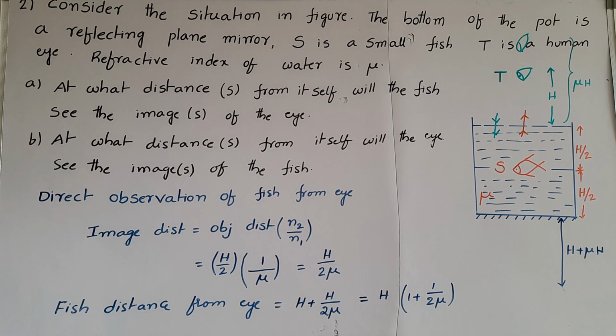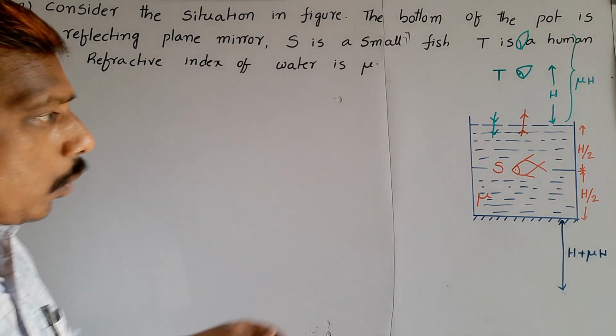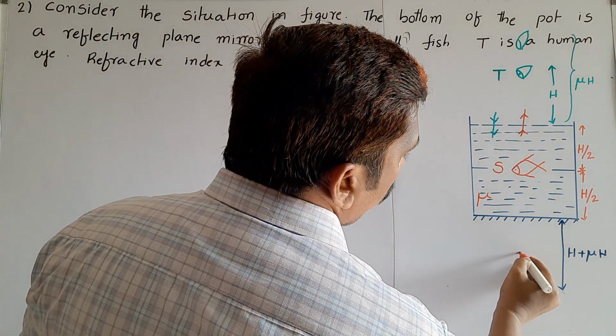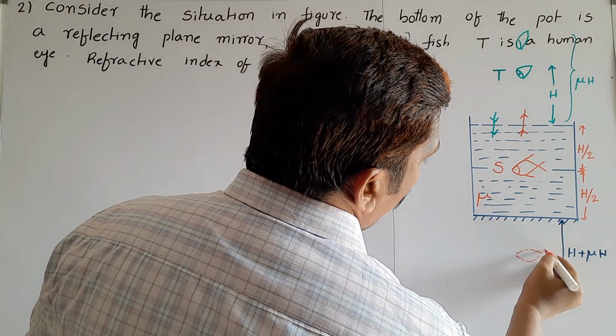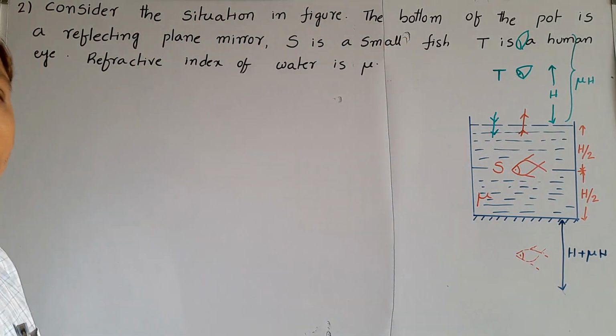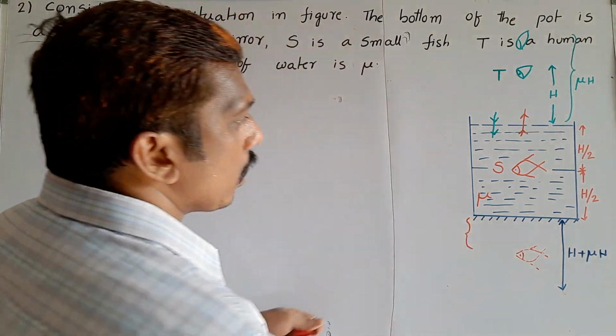Next, the fish image is formed inside the mirror. Its image is formed here. At what distance from the mirror does it form? Here object distance is equal to image distance.